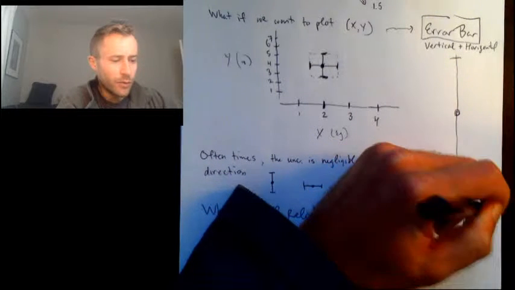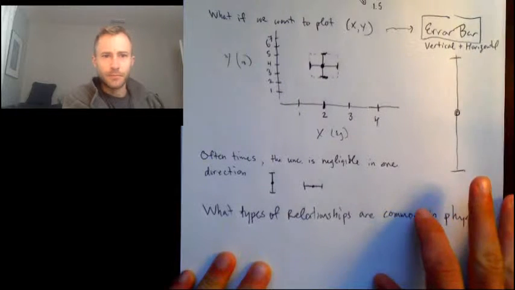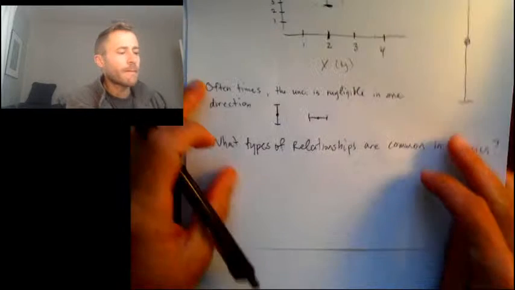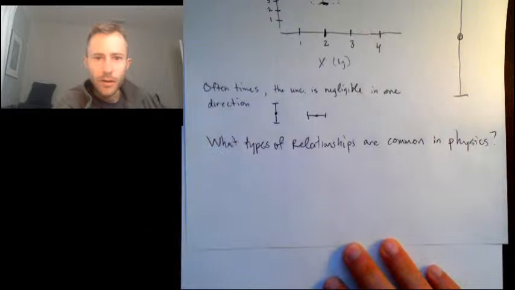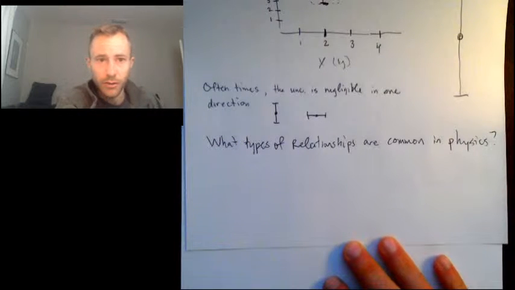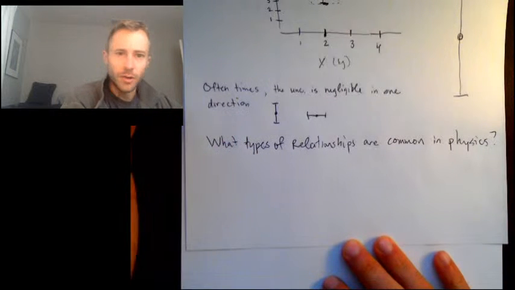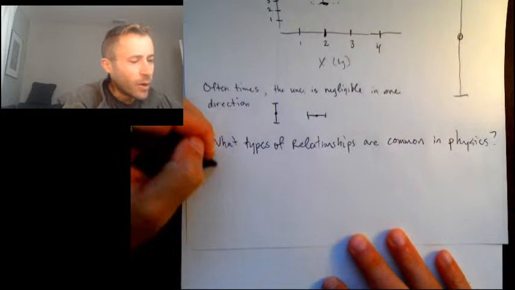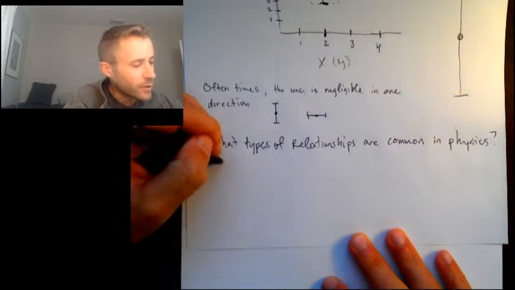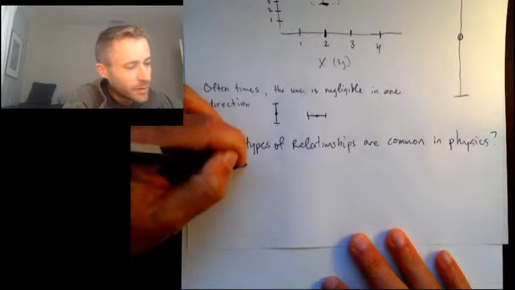What types of relationships between x and y are you likely to see? Let's talk about some of them. One type of relationship is called a linear relationship.